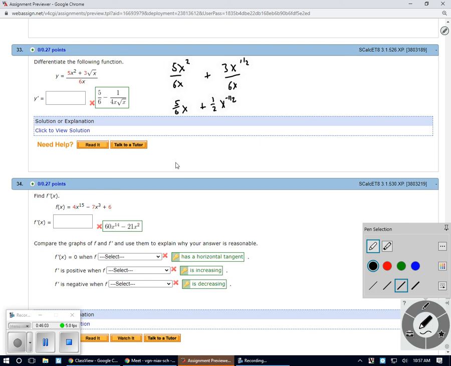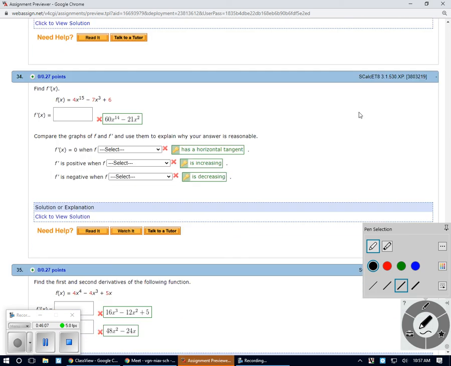Now this next one may be a little confusing, but it's what we talked about, the application type problem. If this is my function, then my velocity, my speed is 60x to the 14th minus 21x squared.